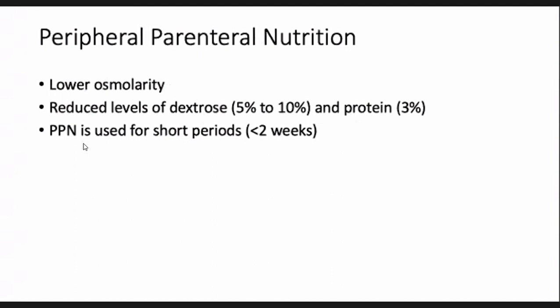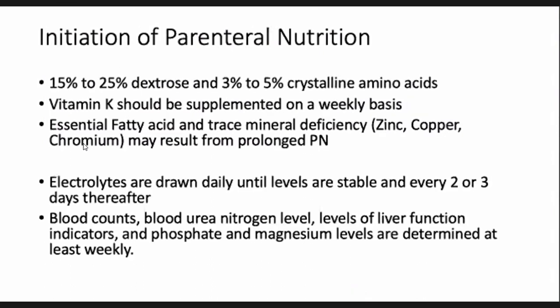As mentioned earlier, for those less than 2 weeks, we give peripheral parenteral nutrition. This has a lower osmolarity compared to those that are given centrally, with reduced levels of dextrose and protein.